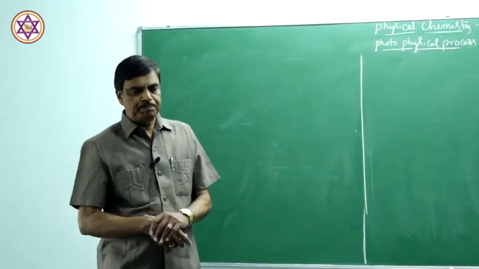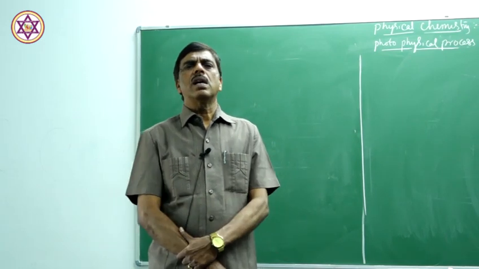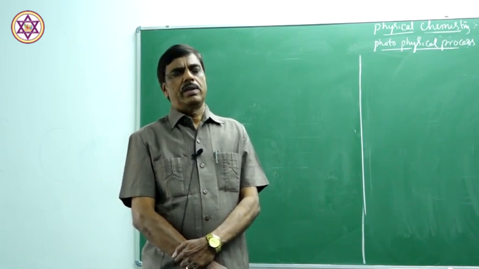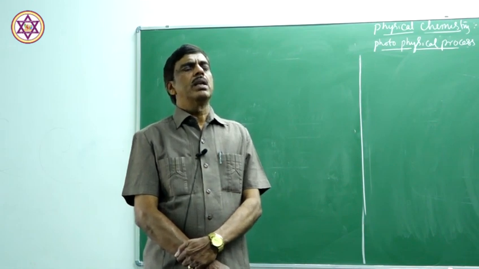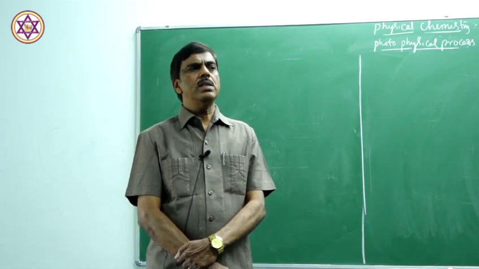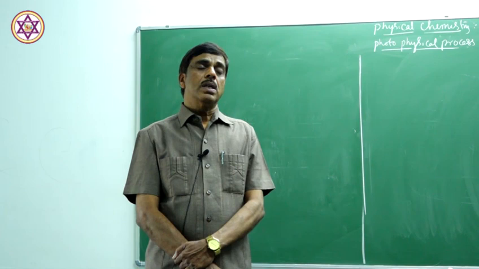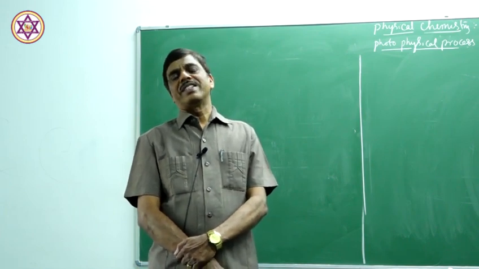After studying the photochemical reactions, which are reactions when irradiated by light radiation, chemical change takes place, it may be ionization or products are formed, that is a photochemical reaction. Now, in some cases, light is absorbed and emitted without any chemical change.